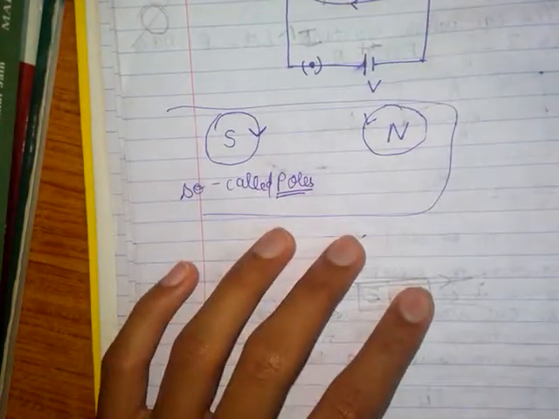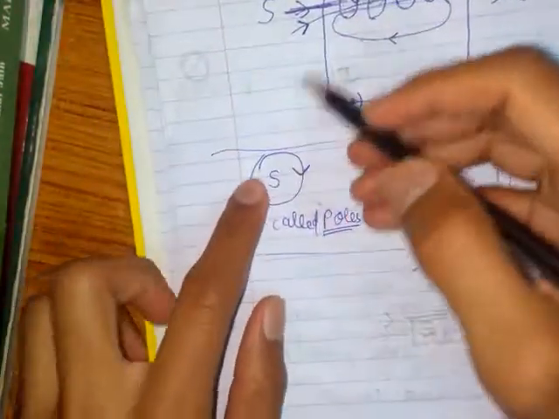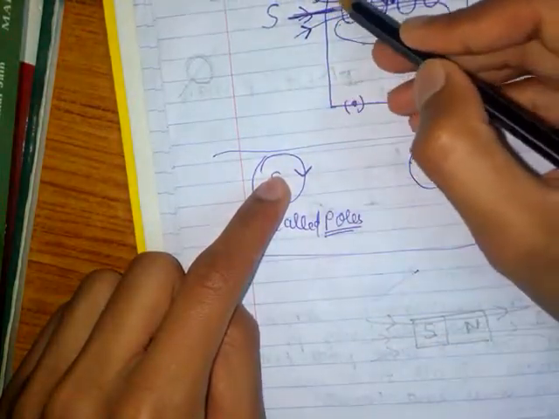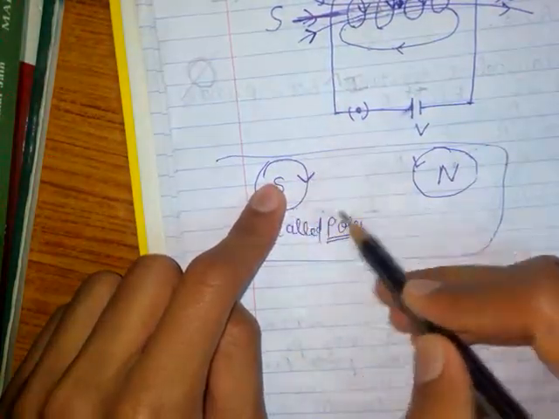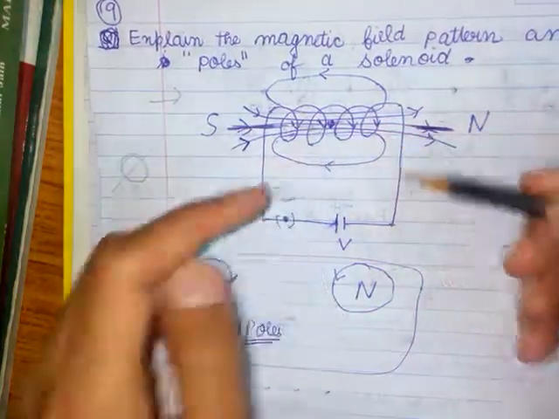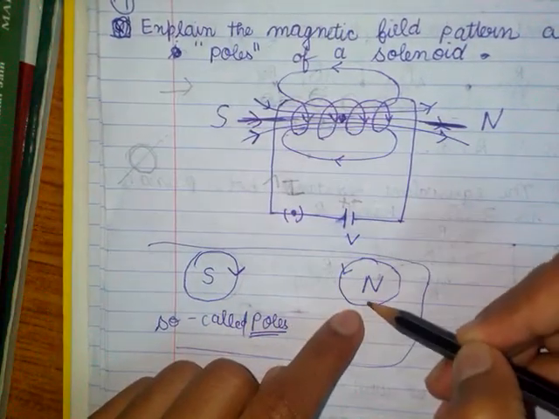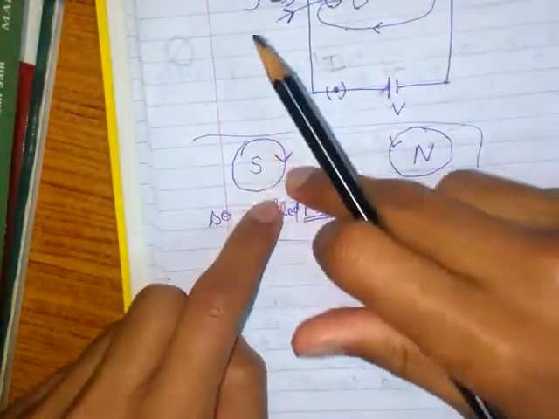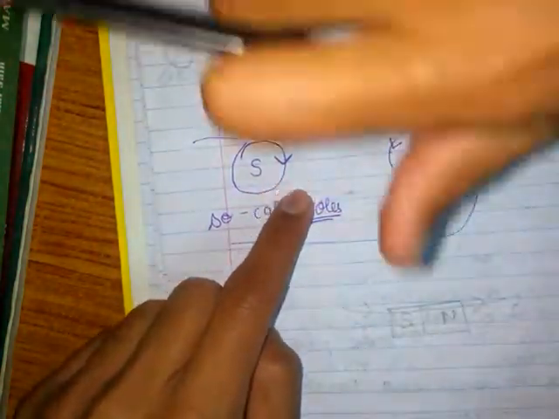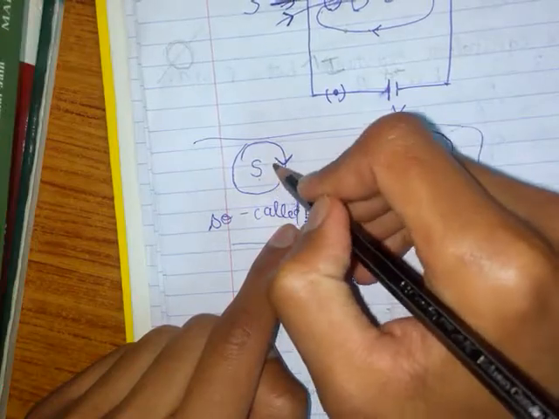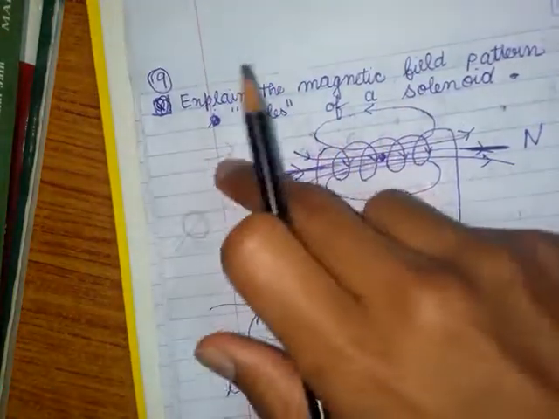As a quick review, in the south pole, here the current was flowing in this direction like this, and in the north pole it was going in this direction. So let's apply the rule here. Current like this, so field lines going into this, like this.